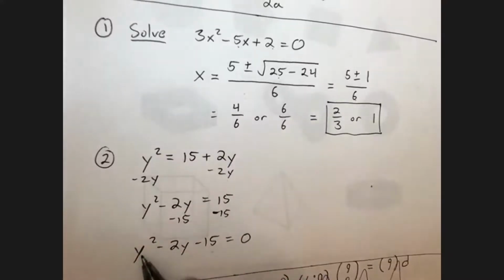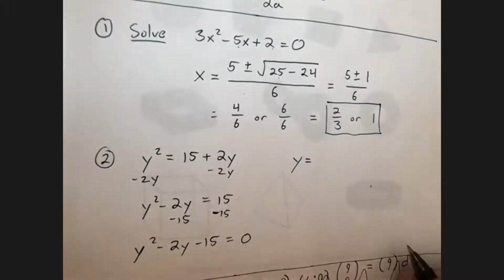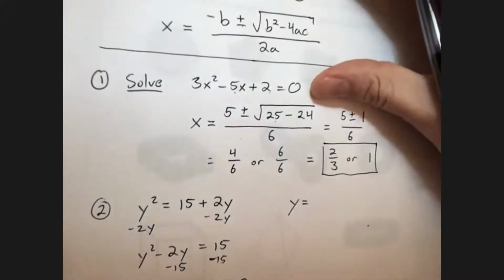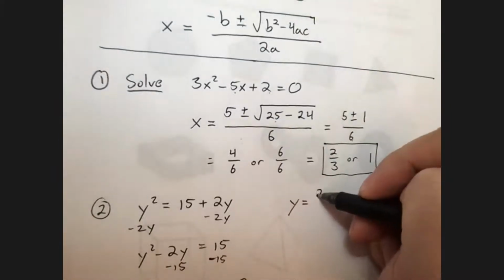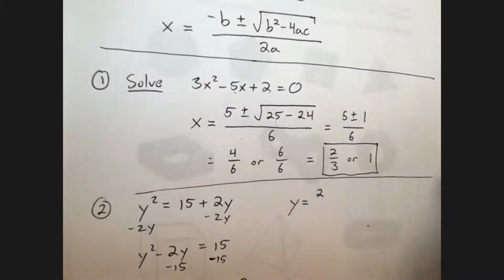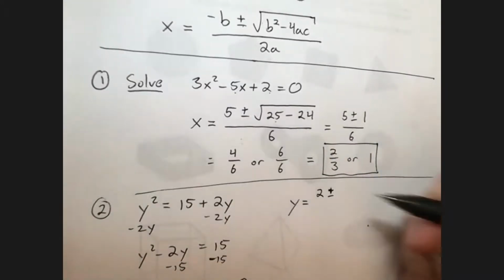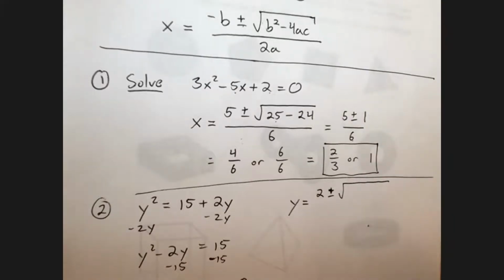So in this case, the variable is y, so I'm going to write y equals, and let's look back up at our formula. It's negative b, so it's negative negative 2, so that's positive 2, plus or minus the square root of b squared.